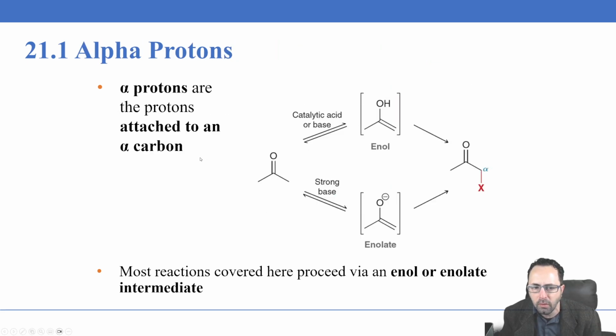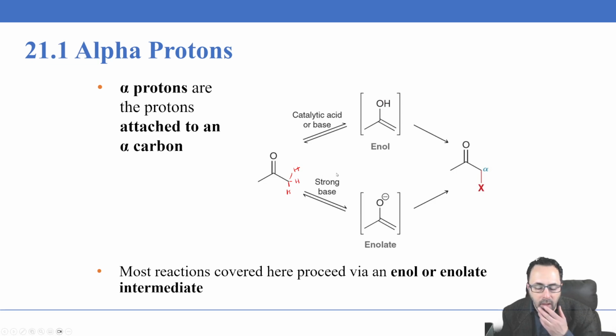Alpha protons are those protons that are attached to the alpha carbon. If we're talking about alpha protons on this acetone here, they would be these protons right here, or these ones, either one. As we've seen in the past, when we were studying alcohols in Chem 212, we discussed the so-called enol, where you have a double bond attached to a carbon that also has an alcohol group.